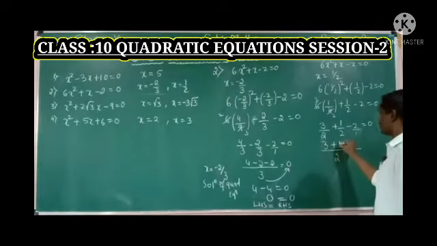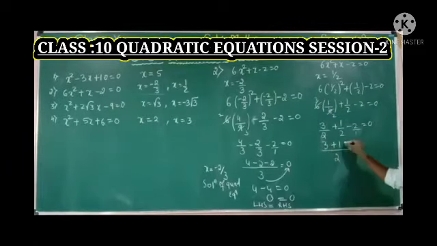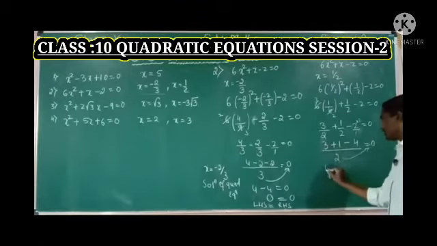3 plus 1 minus, what do you have to multiply here? 2 2s, because the LCM is 2. So 2 2s are 4. Now cross multiply: 2 into 0 is 0. 3 plus 1 is 4, minus 4 is equal to 0.